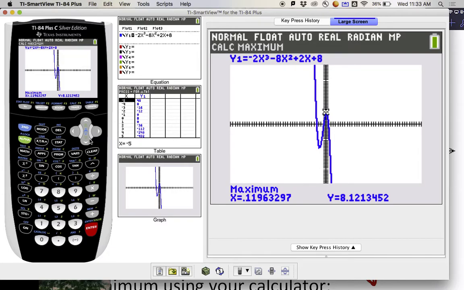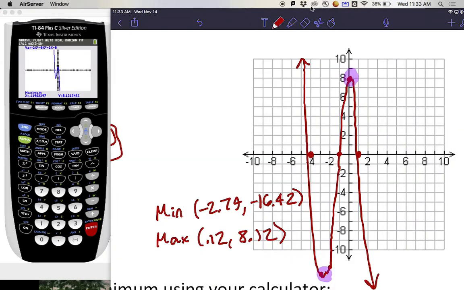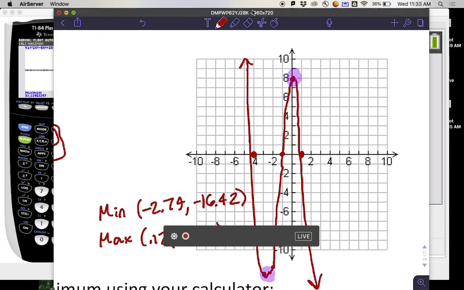It's apparently at 0.12, so 0.12 and then 8.12. And that would be the relative maximum, the maximum of that turning point right there. And that's what you need to copy down.